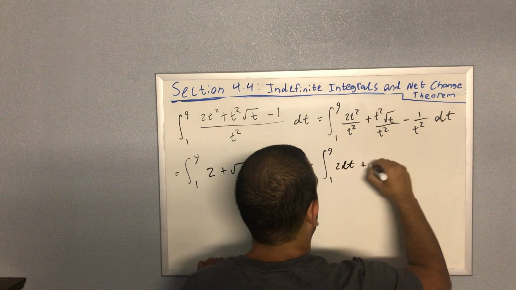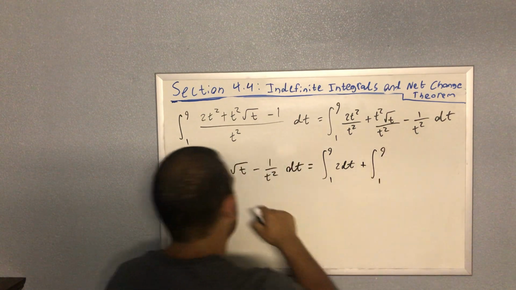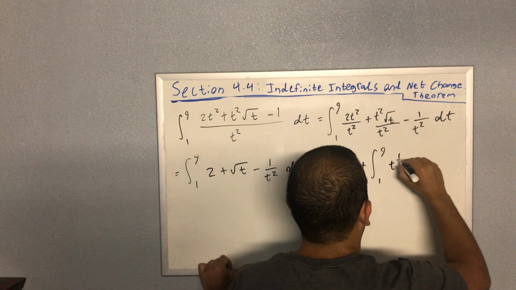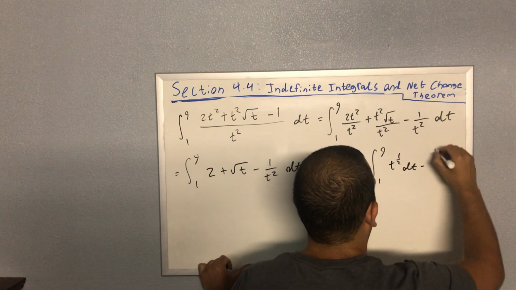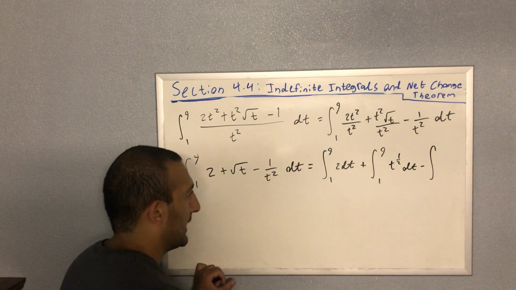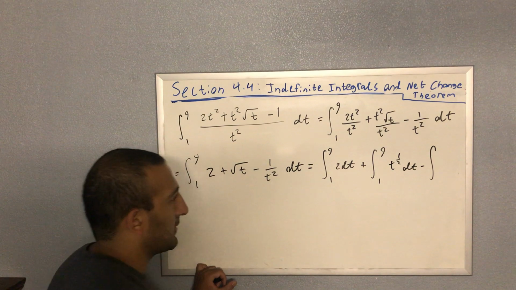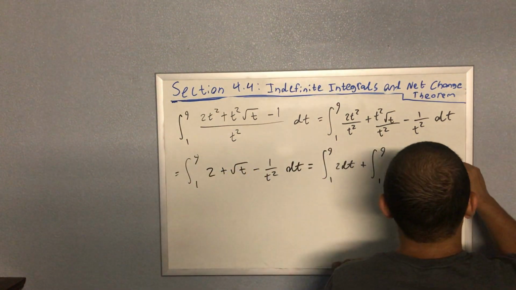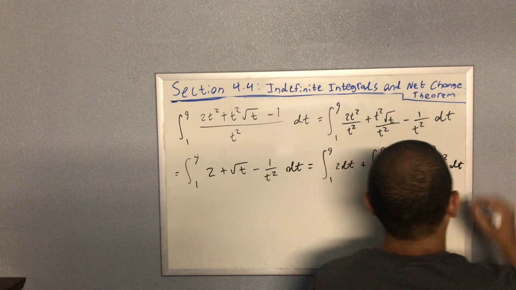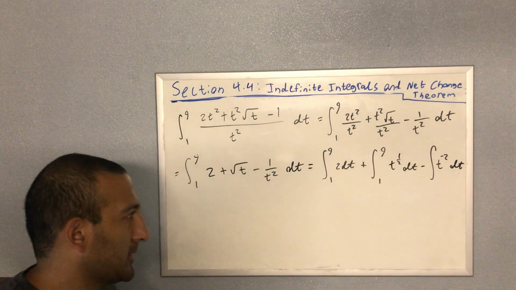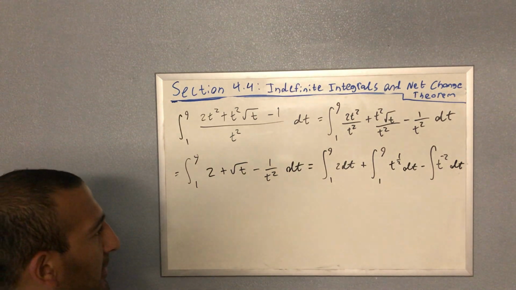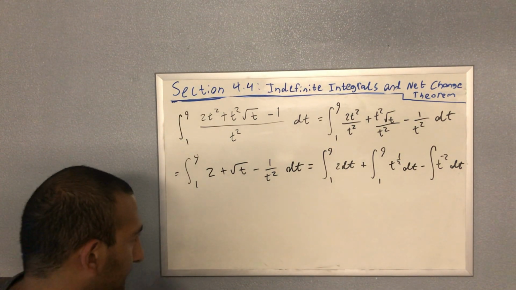The second one is this. Okay, instead of writing root t, I can write t to the 1/2 power. Now we could use the power rule, and then minus. And then instead of writing 1 over t squared, I can write this as t to the -2 power. Okay, so look at that. All this algebra from way back when coming in handy.